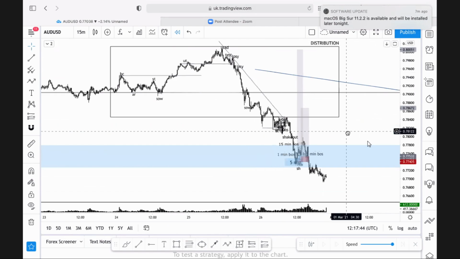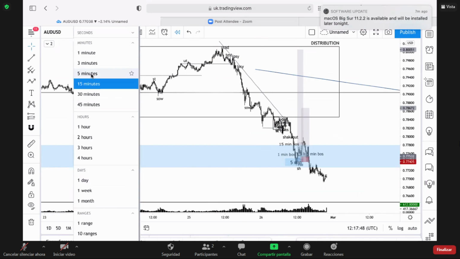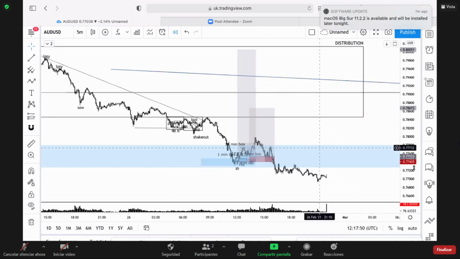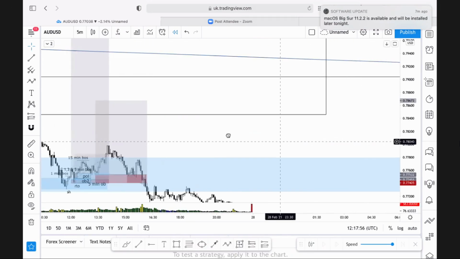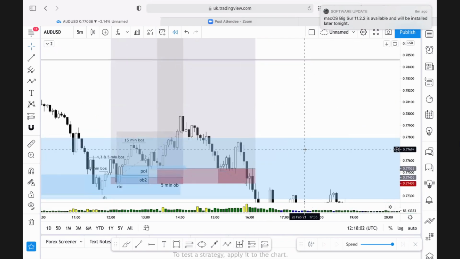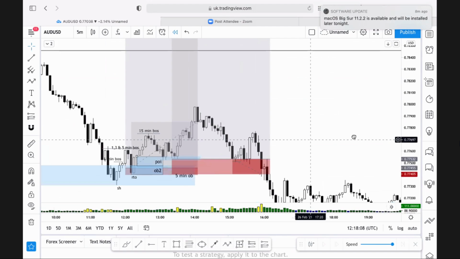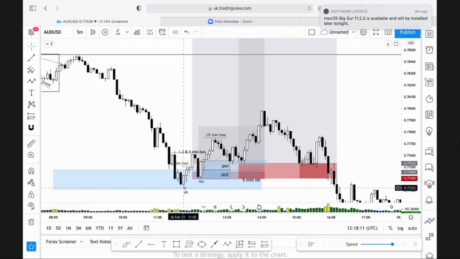And so once I got here, I went to an even lower time frame, down to the 5 minutes, and looked at how price was reacting around this area. This one was the bigger time frame order block, but I'm going to delete it because we have a refined one. This is the refined order block.